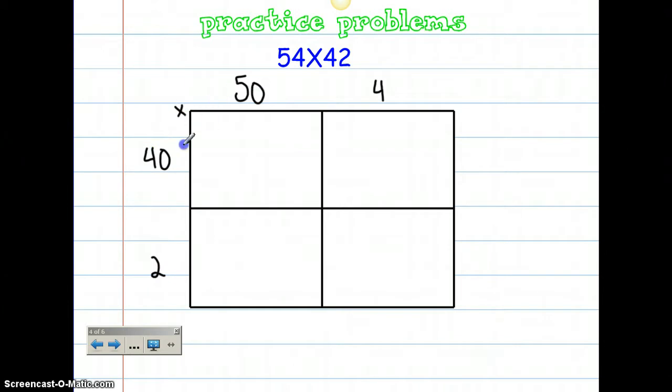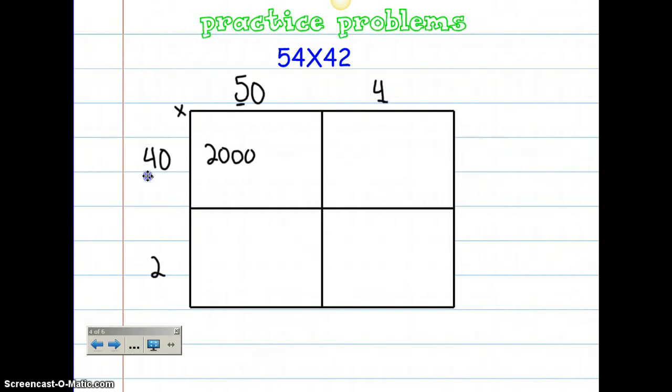I'm going to do 50 times 40. Well, I know that I can do 5 times 4 because that's a basic fact and I can do that in my head. 5 times 4 is 20. And then I'm going to place the two zeros. There's a 0 here and a 0 here at the end. So that's 2,000.